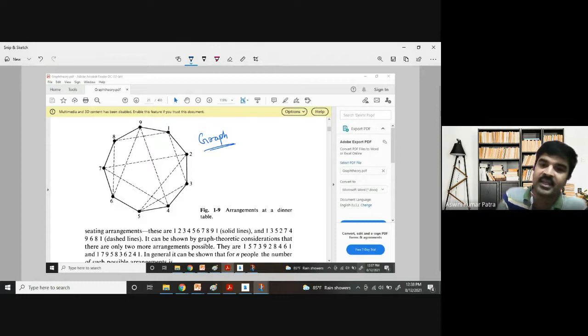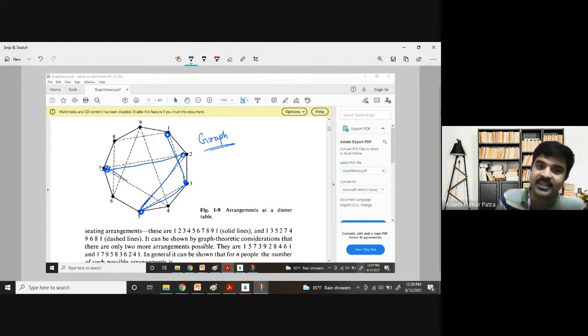Okay. And another solution is like this. We start from 1, then the next person to 1 will be 3, then the next person to 3 is 4 or 5. Then you tell me, then 2, then after 2 it is connected to what? 7.